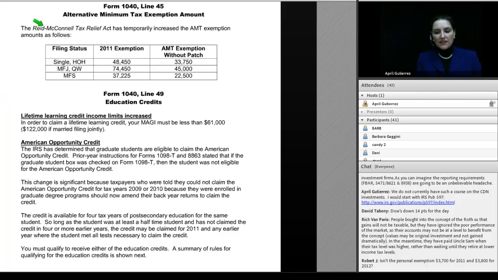Alternative minimum tax. Lots of people talk about the alternative minimum tax in the news, and the government is very much aware of the problems created by it, but the average taxpayer has absolutely no idea what it is or how it works. But to give it to you in a nutshell, when you file your tax return under the regular tax, you get your standard deduction or your itemized deductions, and you get to claim your dependents, and then you figure your tax and you start subtracting out credits.